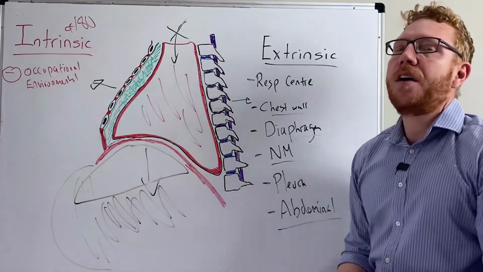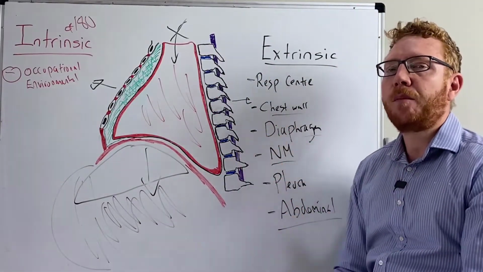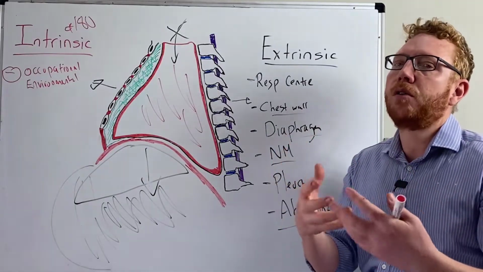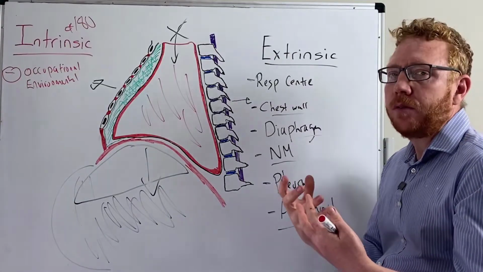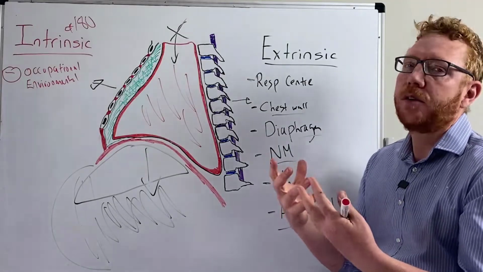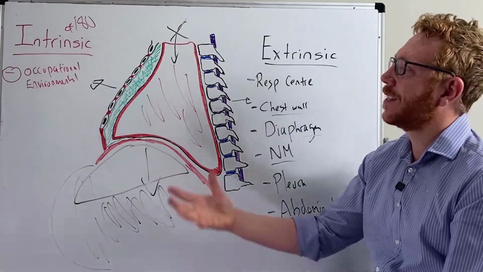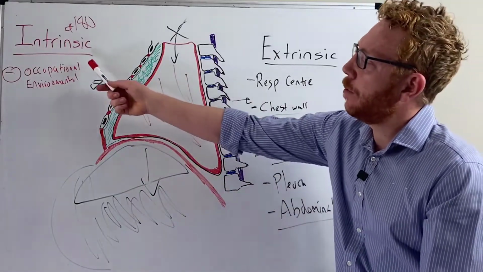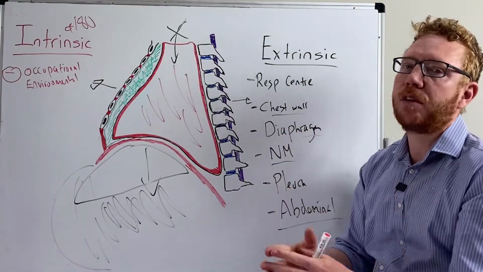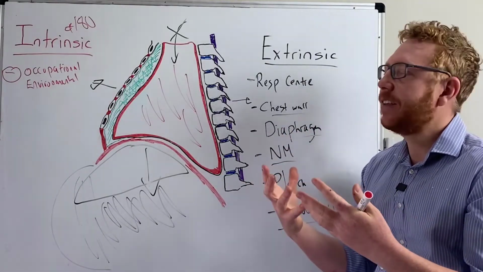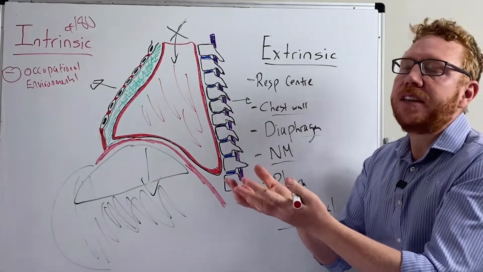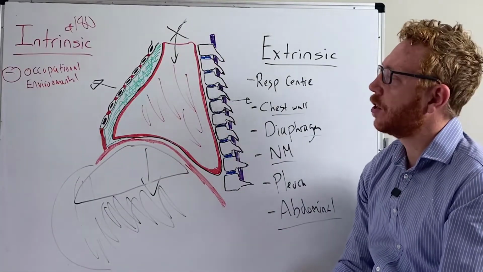This is basically either through your job or through your environment, you're exposed to certain things that could be either organic, you're breathing in organic toxins or chemicals, or inorganic chemicals or toxins or particles that would react in your lungs to cause scarring and fibrosis. Some examples in terms of occupation, well, we have something called farmer's lung where they breathe in spores from the hay. We have something called bird fancier's lung where if you work with a lot of chickens, you breathe in things coming out of their feces which also go into their lungs and that causes a reaction.